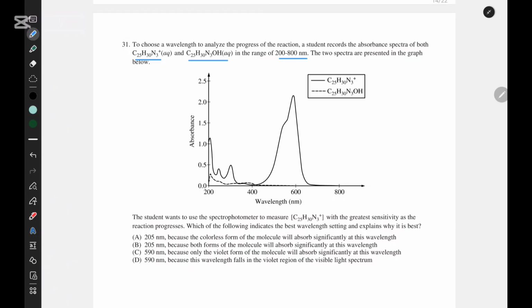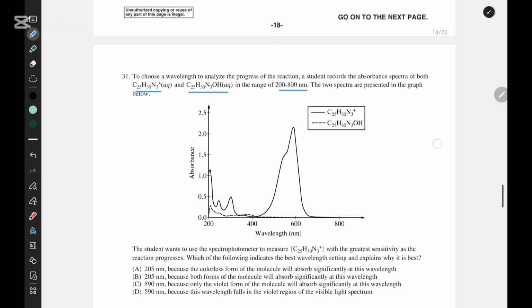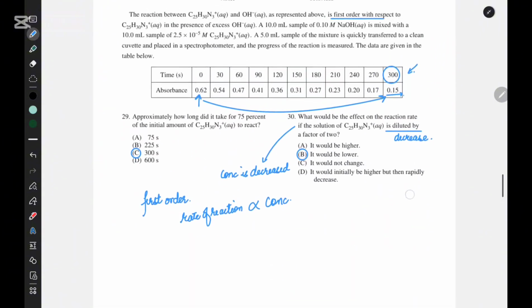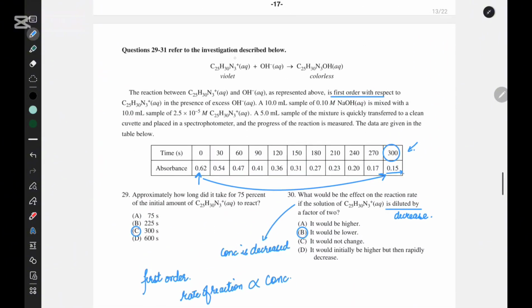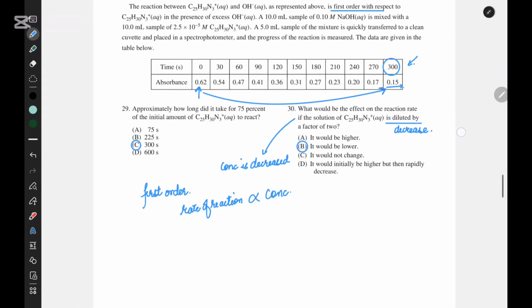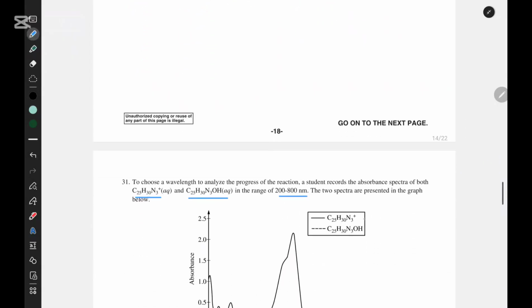The two spectra are presented in the graph. So first of all, we need to see their colors. Like one is having violet color, and other is colorless. So this is having violet color and this is colorless. So they both have different colors.